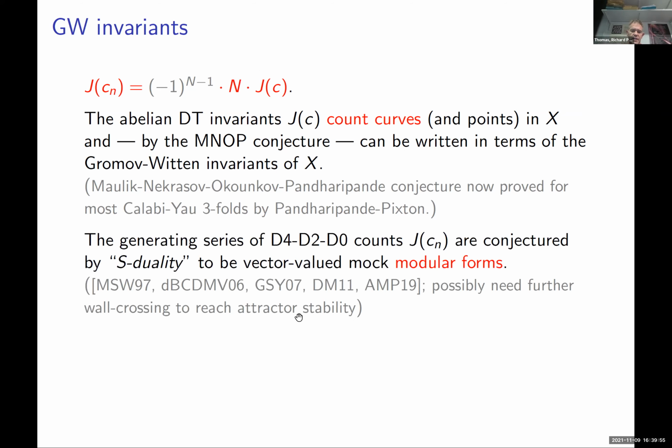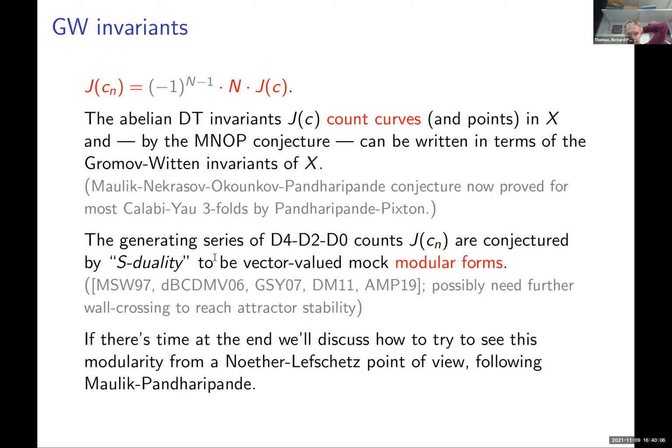On the left, we have these D4, D2, D0 branes, and the counts of those are conjectured by S-duality in physics to be vector-valued modular forms. And I won't have time at the end. This is for when I gave this talk to a bunch of curve counters, but you guys don't care about Gromov-Witten invariants.